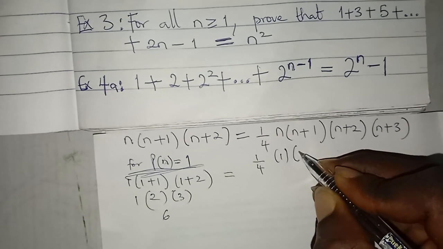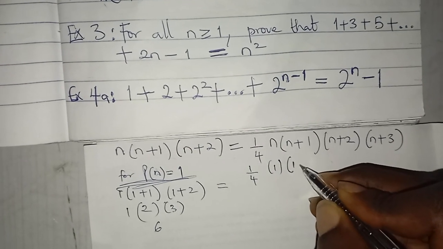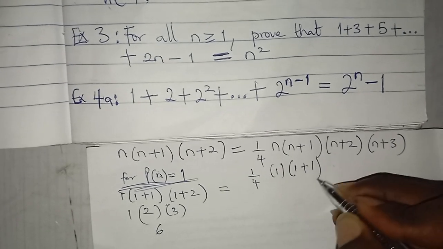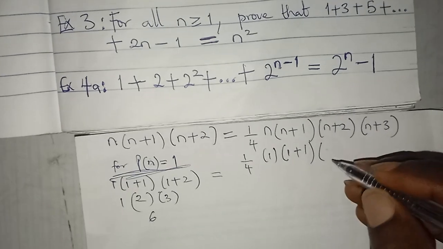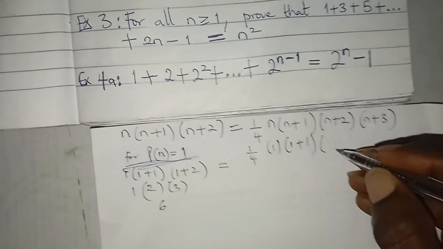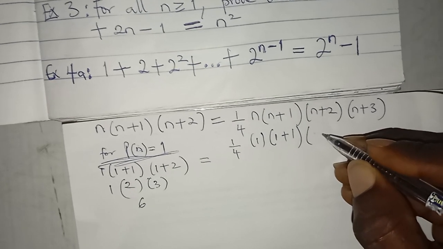We are trying to prove that if we enter 1 everywhere here, the left and right hand side will still be equal. Remember, what we are doing in induction has to do with proving left and right hand side to be equal. We'll still do this when we are proving that it's divisible.